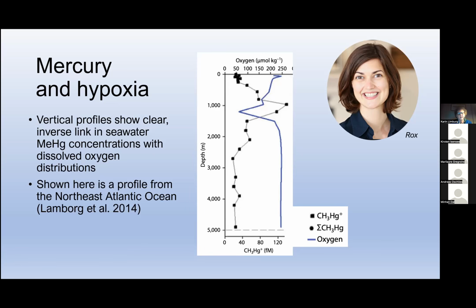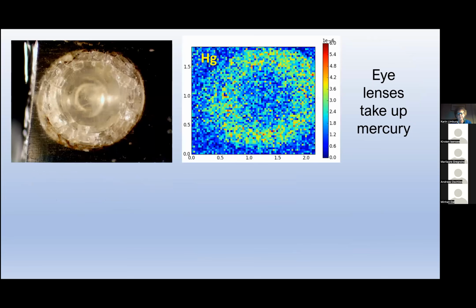And so we're studying the interaction of that as well, whether that is an issue or not. One of the structures that takes up mercury really well is the lens of an eye. Mercury attaches to the photophores, but it seems to be embedded and gets accumulated too.